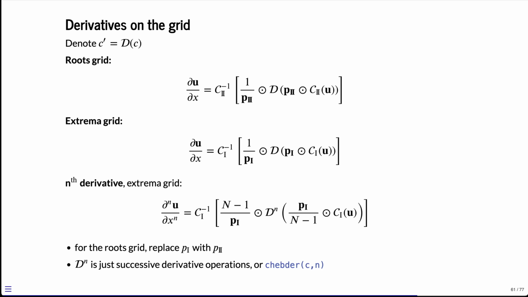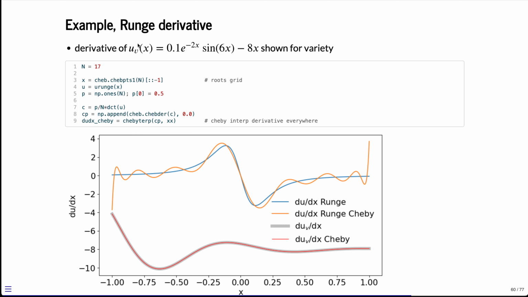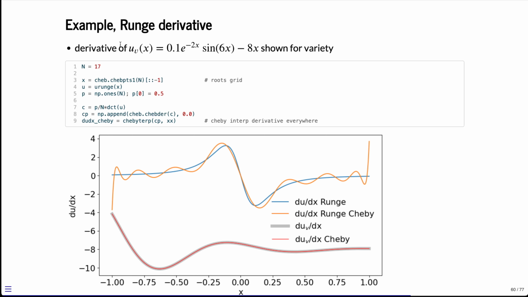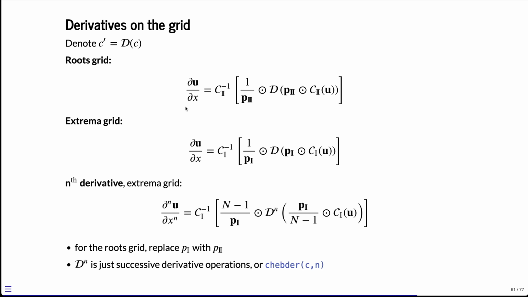So on the roots grid, let's denote C prime as this script D as a function of C. And so basically the script D is the same thing as this Chebyshev and appending 0 right there.